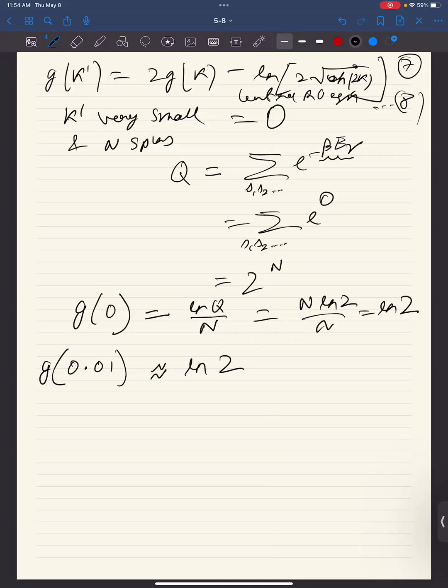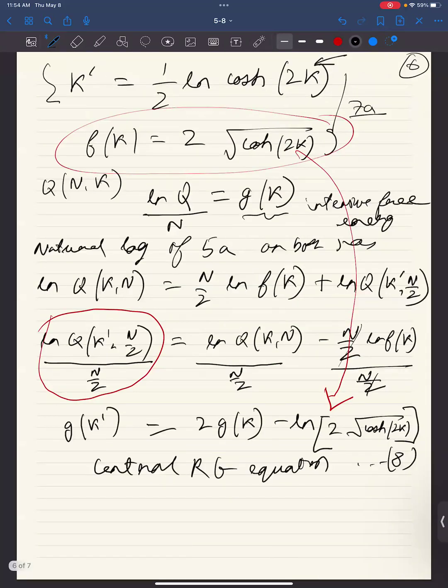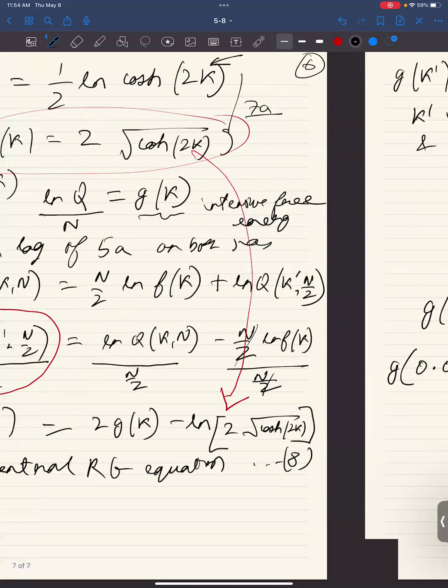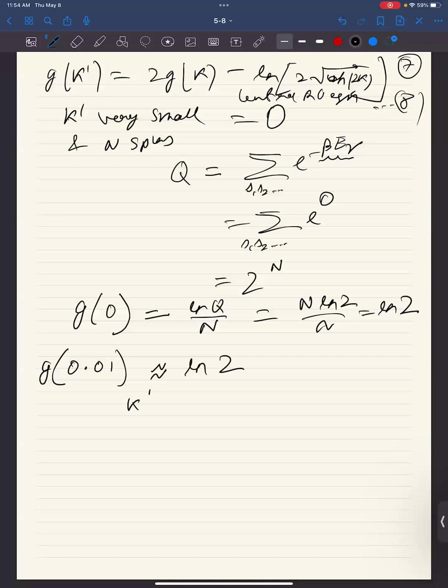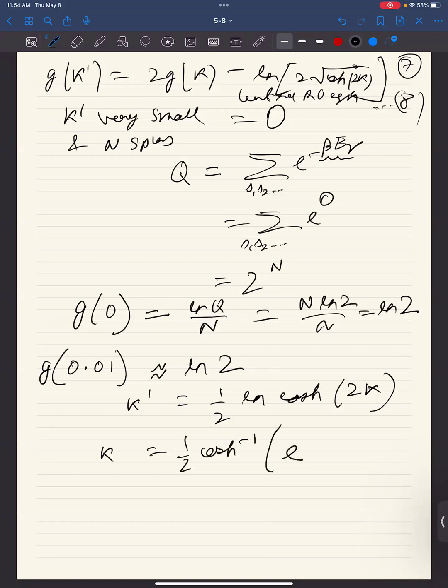So notice that when I solved for k prime and f of k, I had now a relation connecting k prime to k, right? So I can put this down over here and I can use that relation. K prime is equal to half of ln of hyperbolic cos of 2k, or k is equal to half of hyperbolic cos inverse of e to the power 2k prime, and e to the power 2k prime is e to the power 2 multiplied by 0.01.